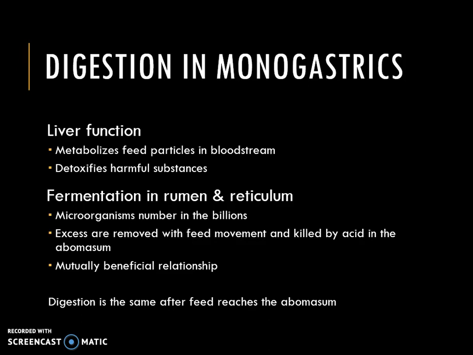I mentioned fermentation, and that rumen environment is a mutually beneficial relationship between the bugs of the rumen and the animal herself. And we have to keep that pH between about 6 and 6.5 for those bugs to act the way that we want them to.